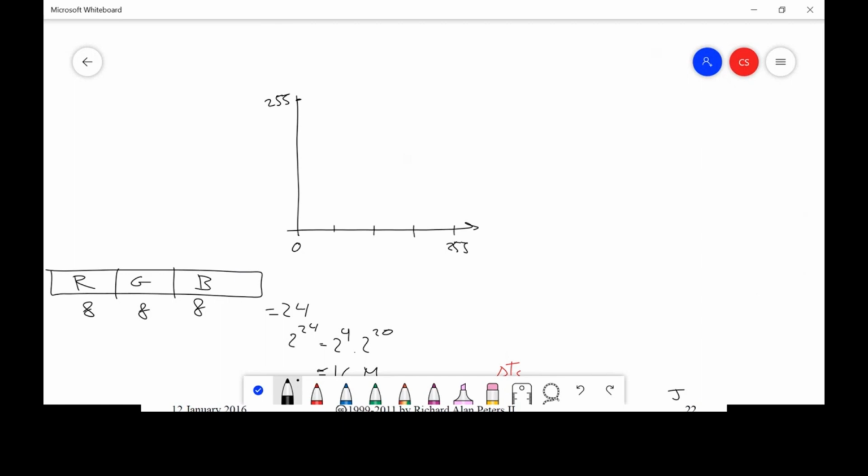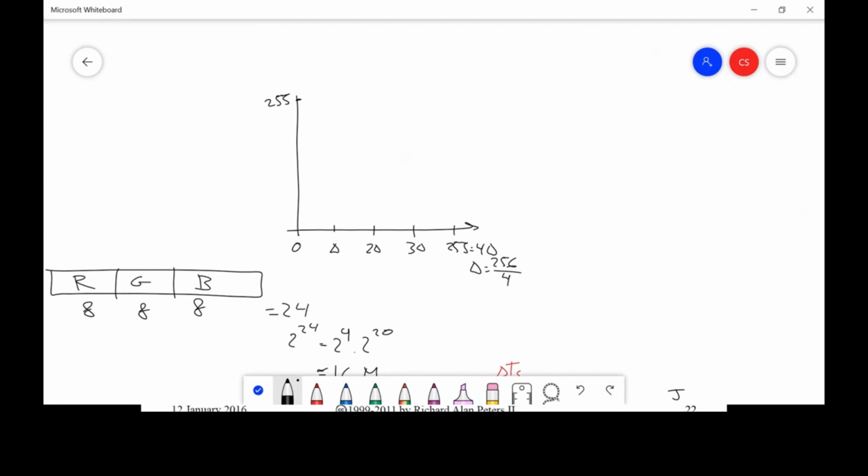I don't claim this is the best quantization; there are better quantizations, but this is a very simple one. So I will divide this in 4 deltas. Delta will be 256 divided by 4.